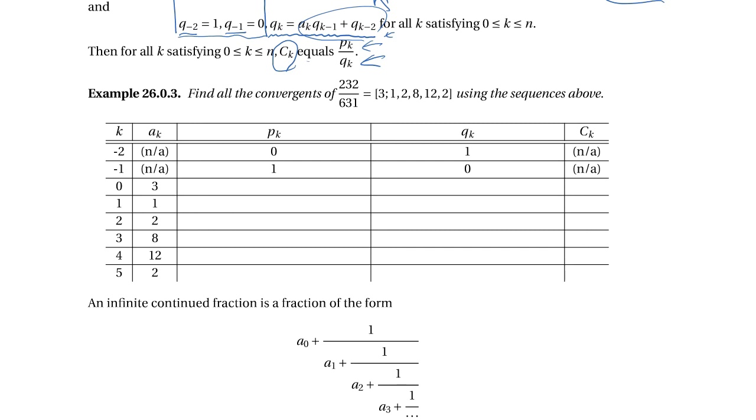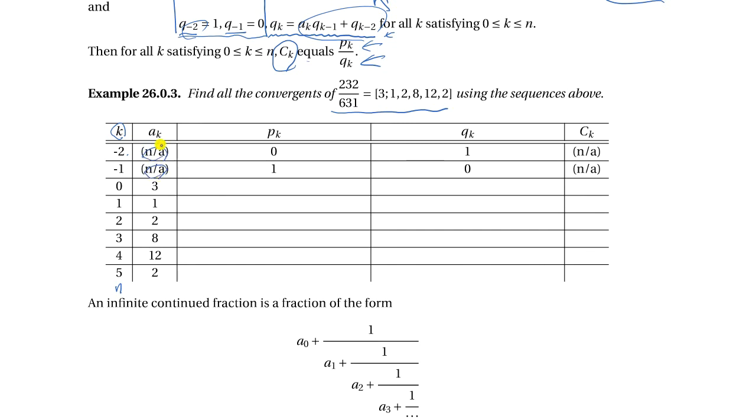Please remember that. You need these 5 columns, and the first one is the index part, the k, and k starts from negative 2 all the way to whatever n is given. And a sub k should be given when they give you the question, or you might need to find it yourself, but just write it down.